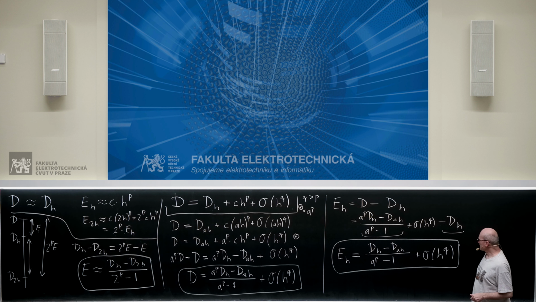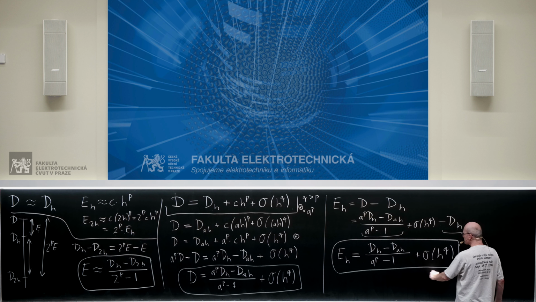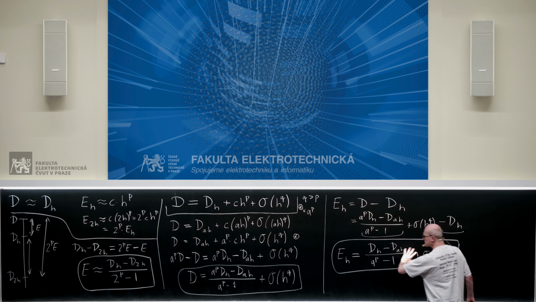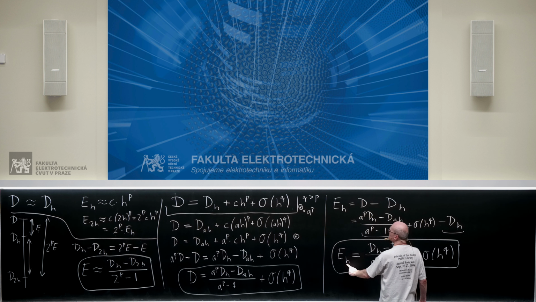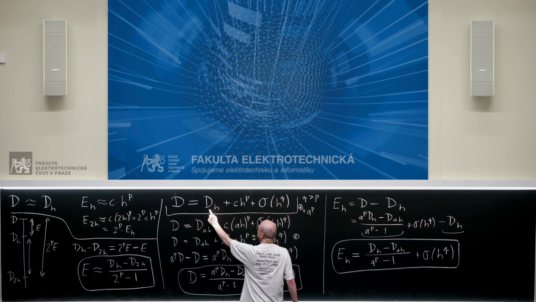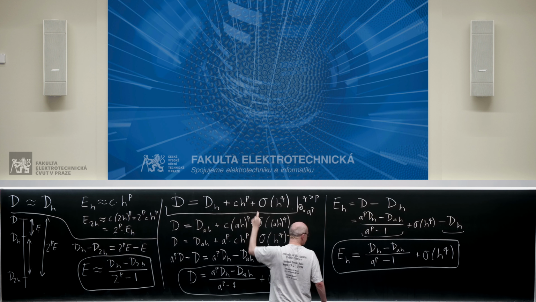Now, here is a good question. There is an error. It's of order h to power q. Could it somehow overwhelm this information and make it useless? What is the error of my approximation d_h? This error is of order h to power p.